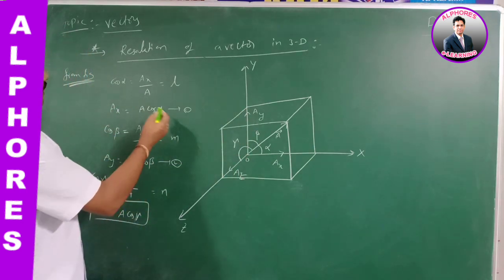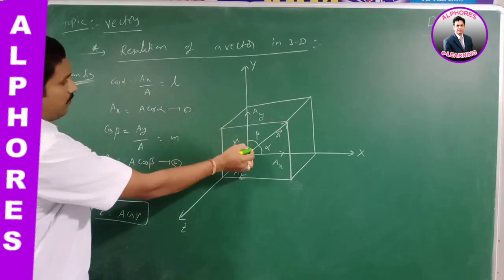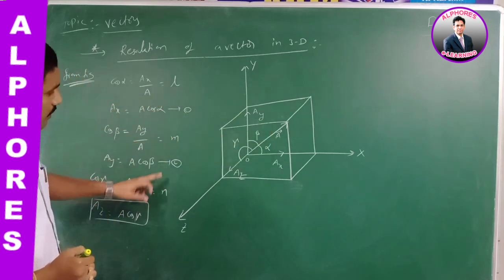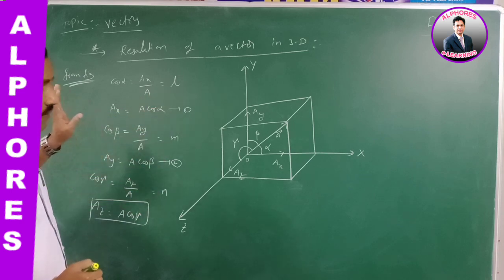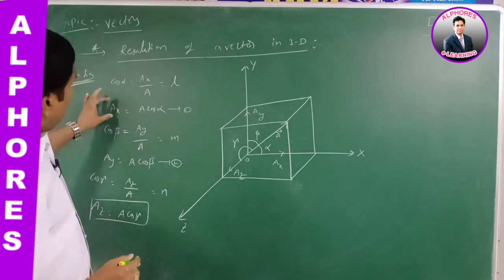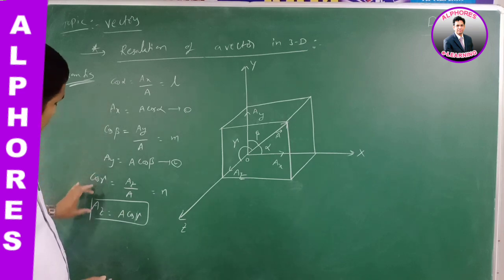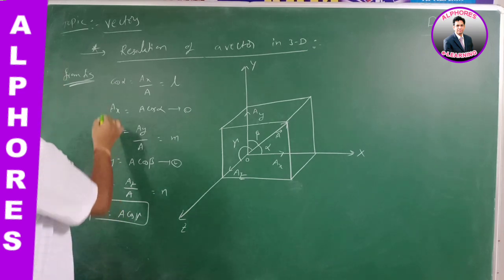Now listen, all of you. l, m, n are nothing but the directional cosines of the vector a bar along the x-axis, y-axis and z-axis. So I got the components of the vector a bar along the x-axis, y-axis and z-axis.